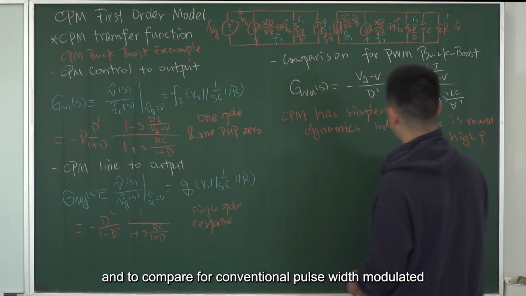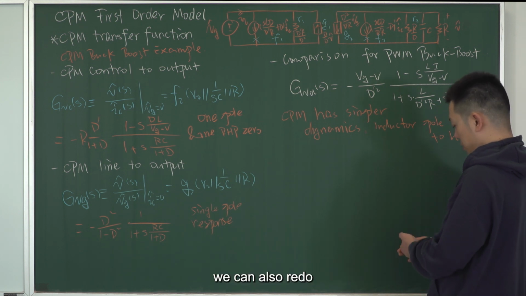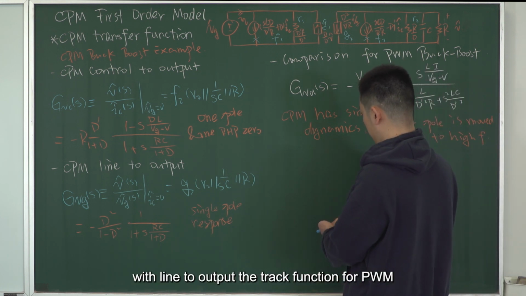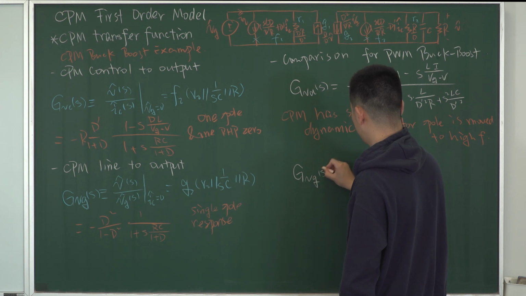To compare, for conventional pulse width modulated, we can also review its line to output transfer function for PWM.